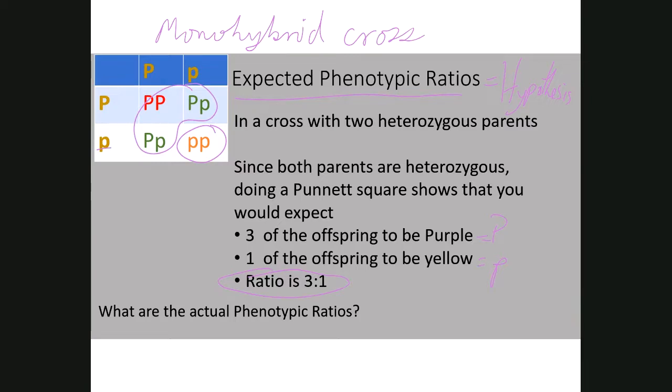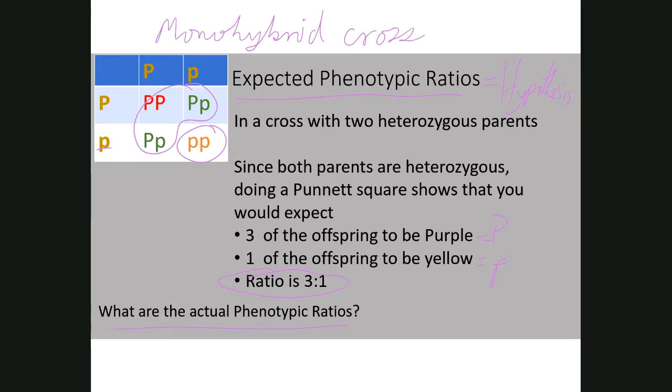Each corn kernel is the offspring of the parent corn plant. And you calculate what are the actual phenotypic ratios. Well, you have to go out there and count how many of the corn kernels are purple and how many of them are yellow, right?